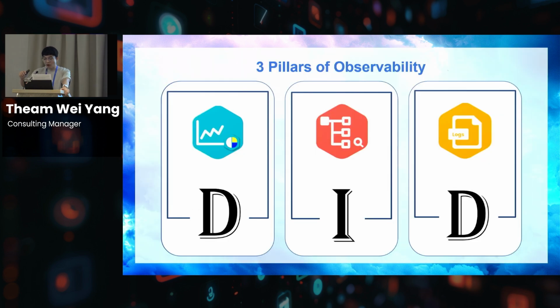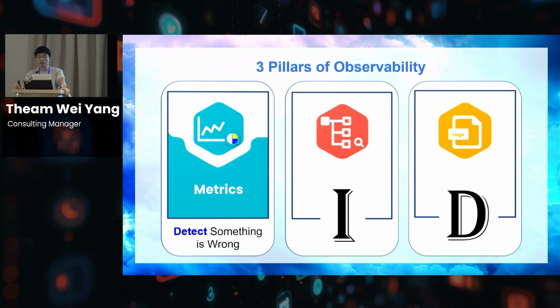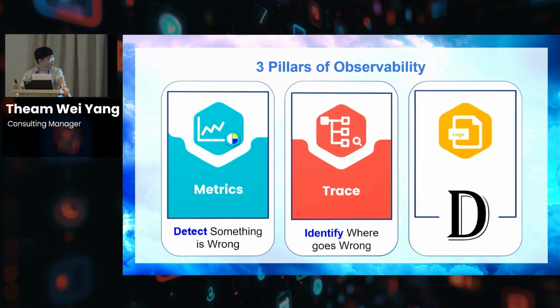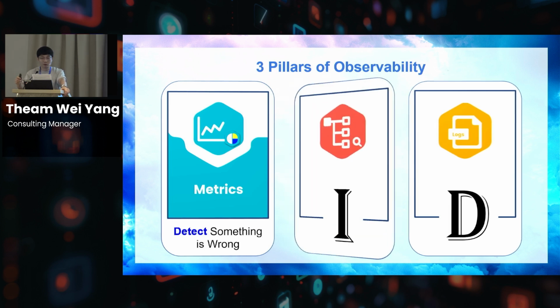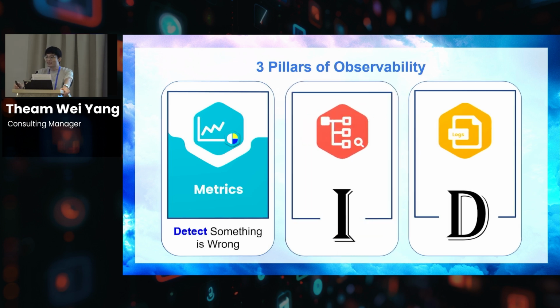For observability, there are 3 pillars which provide insights into the internal status of the system. I call these the 3 pillars DID. First D, for detect. We use different metrics to detect anything wrong with our system.